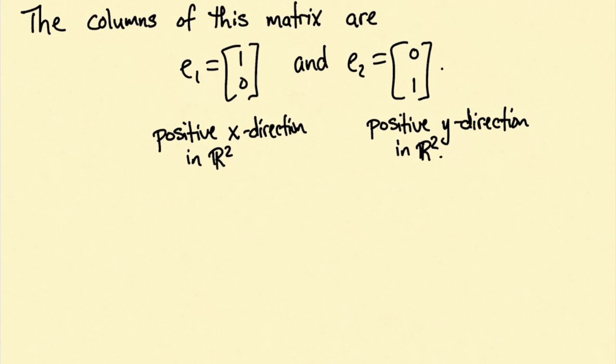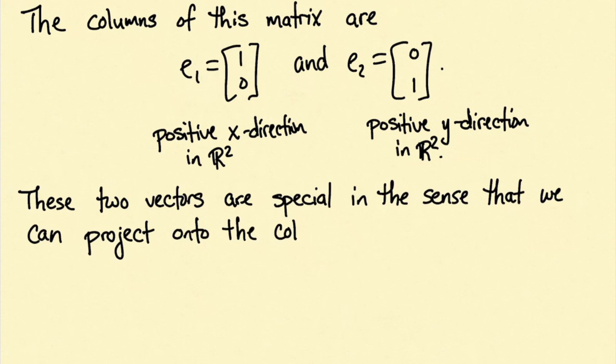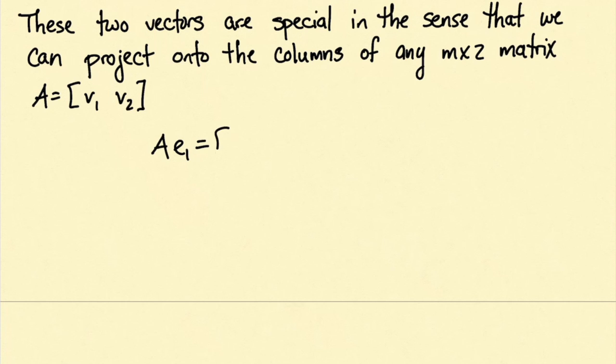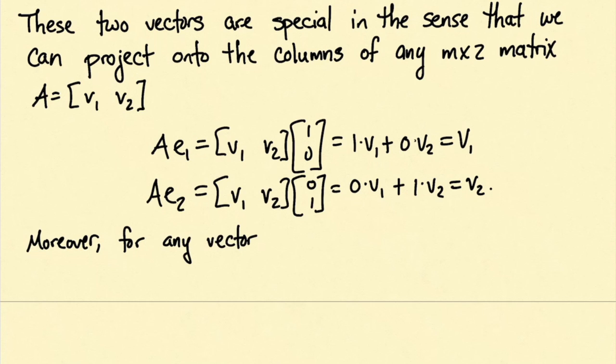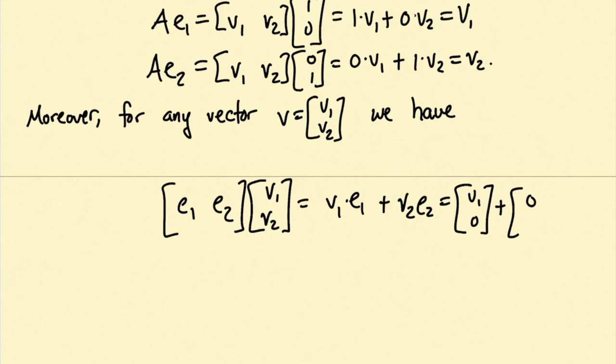These 2 vectors are special in the sense that we can project onto the columns of any m by 2 matrix simply by multiplying A by either E1 or by E2. Moreover, the matrix I itself also possesses a very special property that for any 2-dimensional vector v, whose coordinates are v1 and v2, I multiplied by v is the vector v.